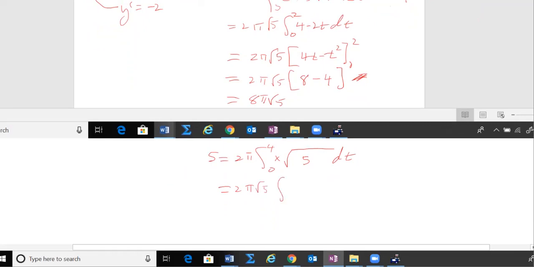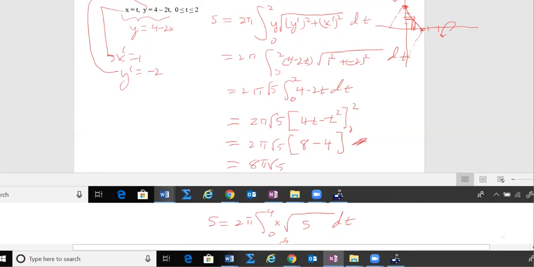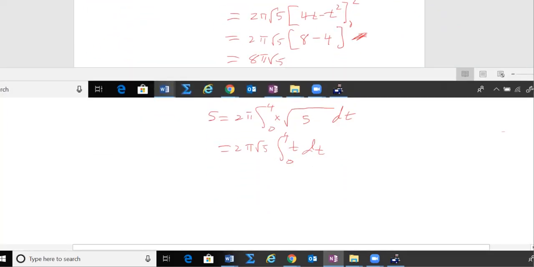But we've got to put that x in there. Now, x is equal to t. So we end up with 2 pi root 5, t squared over 2 from 0 to 4. That's pi root 5 times 4 squared. 0 will cancel. So it's just 16 pi root 5. Looks like it's double the other one.